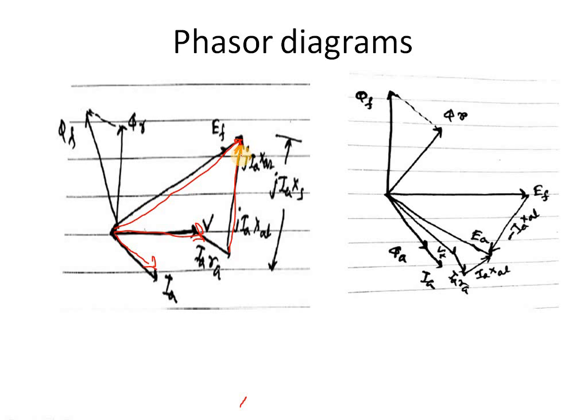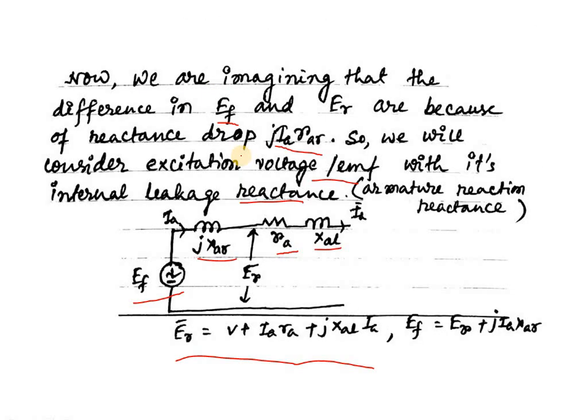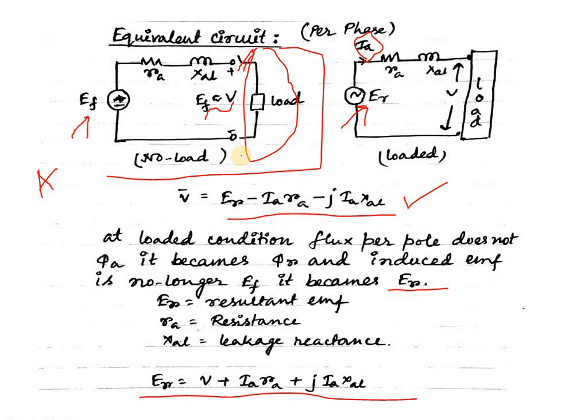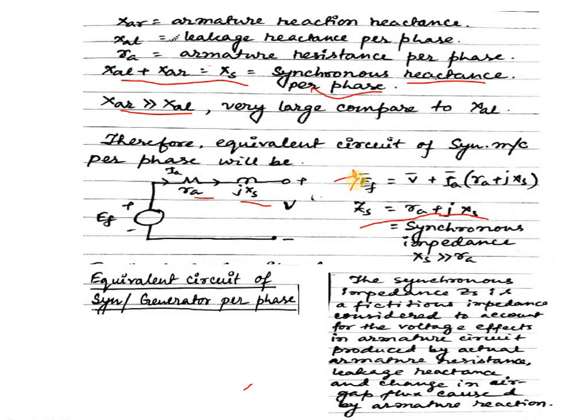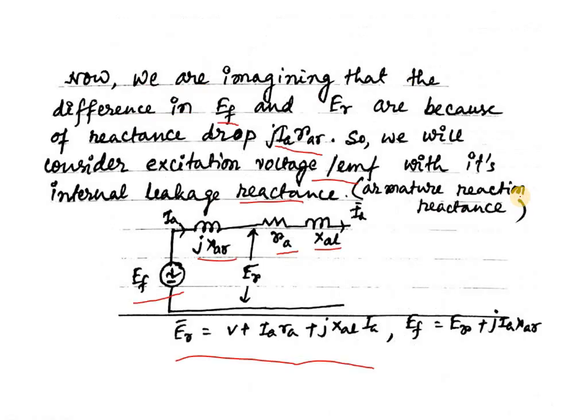We know from the equivalent circuit KVL equation that ER equals V plus IARA plus jIAXL. Here, EF equals V plus IARA plus jIAXS, where XS is XAL plus XAR.